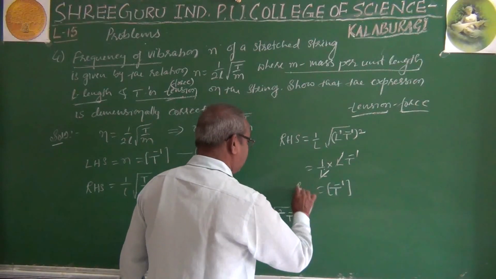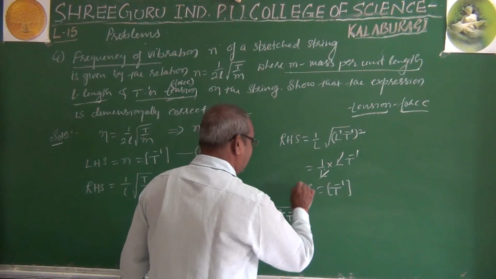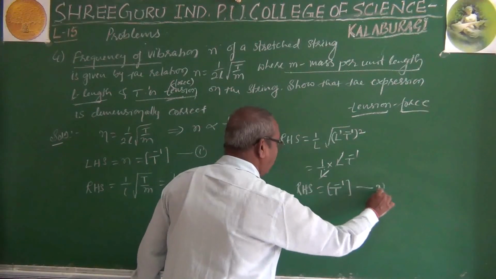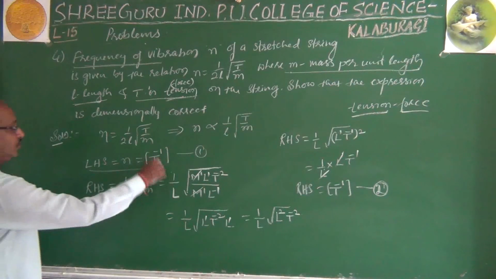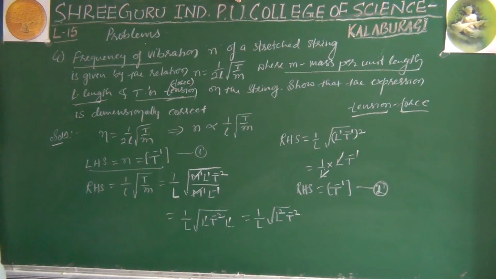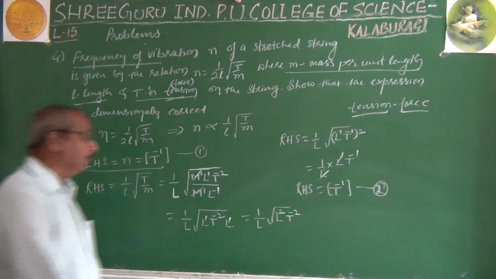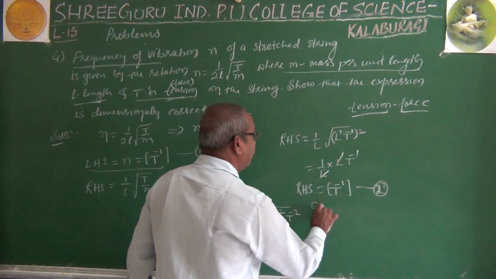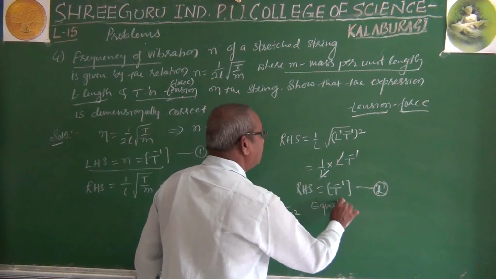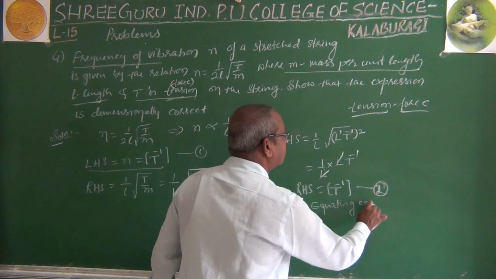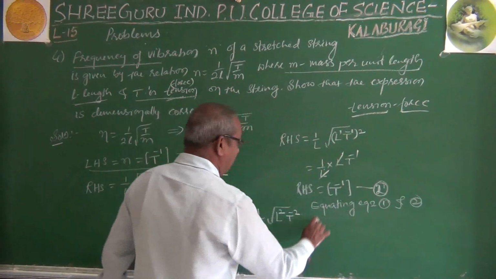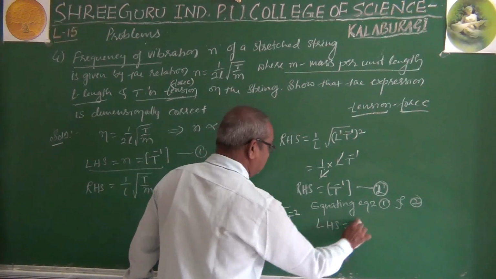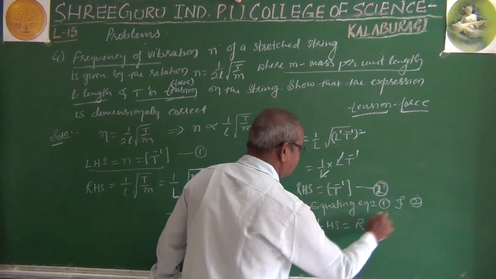So RHS, what we got here, again is T raised to minus 1. What LHS do we have? LHS is also T raised to minus 1. So by equating equations 1 and 2, LHS equal to RHS.